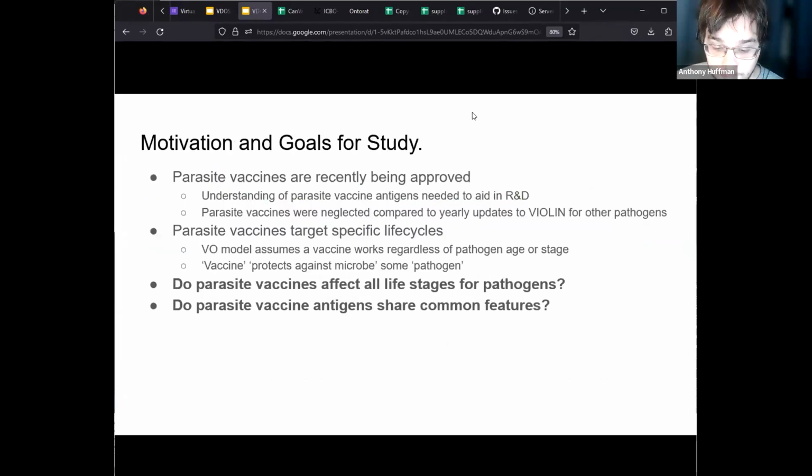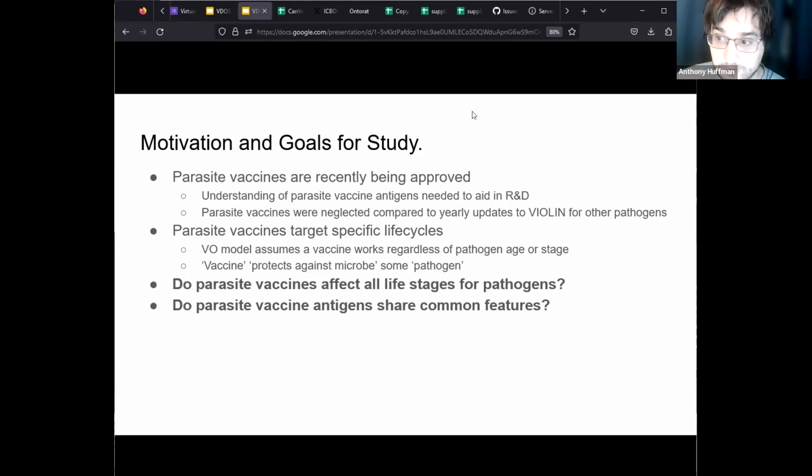The main motivation for this study is that for the longest time, parasite vaccines have been slow to develop, simply because the understanding of what makes a good antigen, which is needed to form a good vaccine candidate, is not really well known.